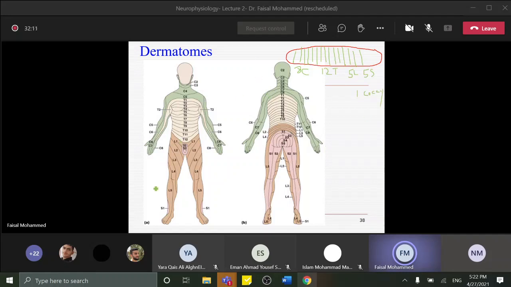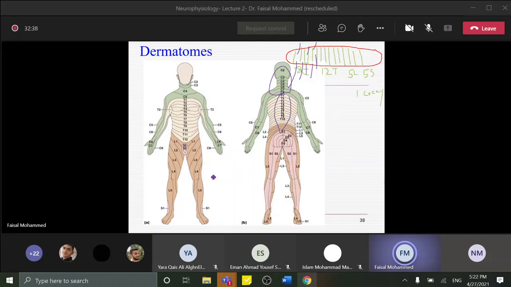From each segment we have a pair of spinal nerves. They supply areas of skin here. These areas of skin, from C1 to C8, are supplied by cervical nerves, these areas are supplied by thoracic, these areas are supplied by lumbar, and so on.